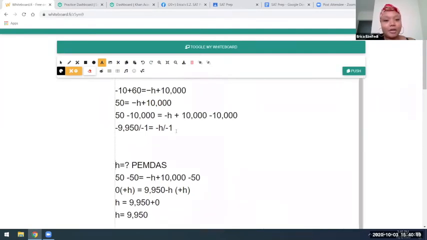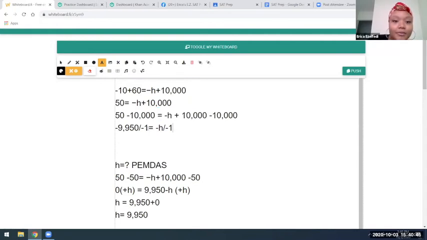this path up here. So just to reiterate, we put the 10 where P was, negative 10 plus 60 equals, so on. So we got 50 equals negative H plus 10,000. We subtracted 10,000 from both sides of the equal sign. We always have to do the same thing on each side of the equal sign. So then we got negative 9,950.